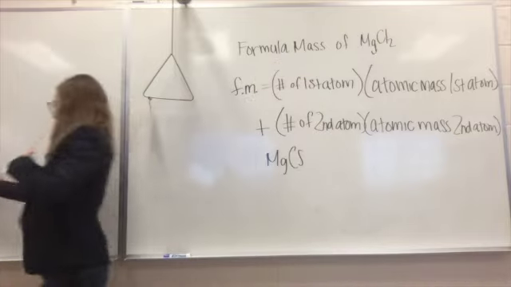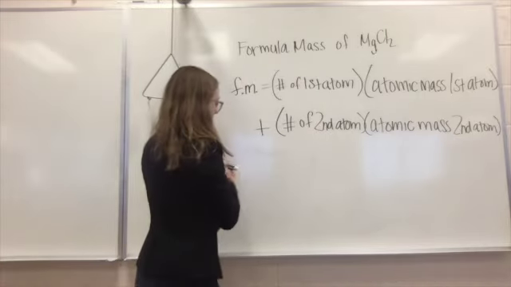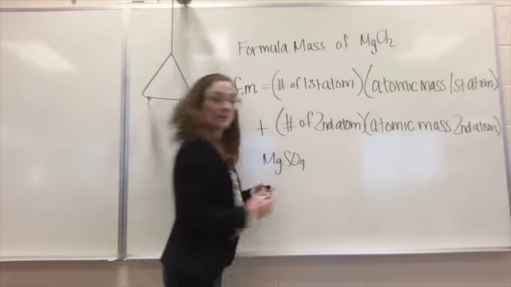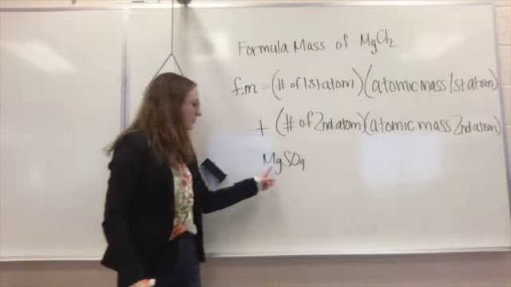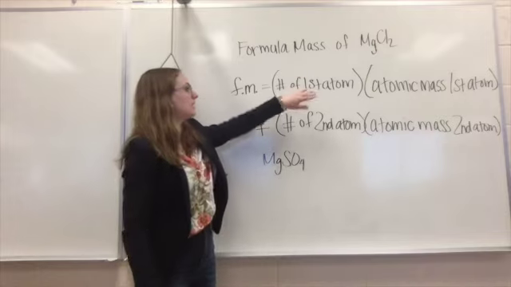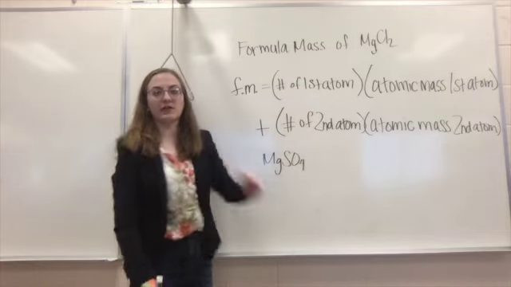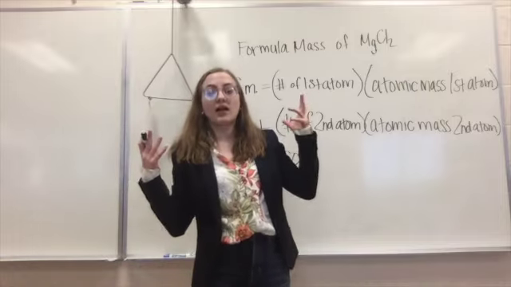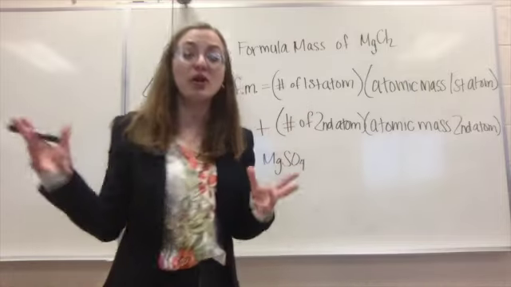Sorry, wrong chemical formula. MgSO4, magnesium sulfate. Well, I've got 3 different kinds of atoms, so I would need first atom, second atom, and third atom, okay? So this formula mass equation can expand to the number of atoms you need.